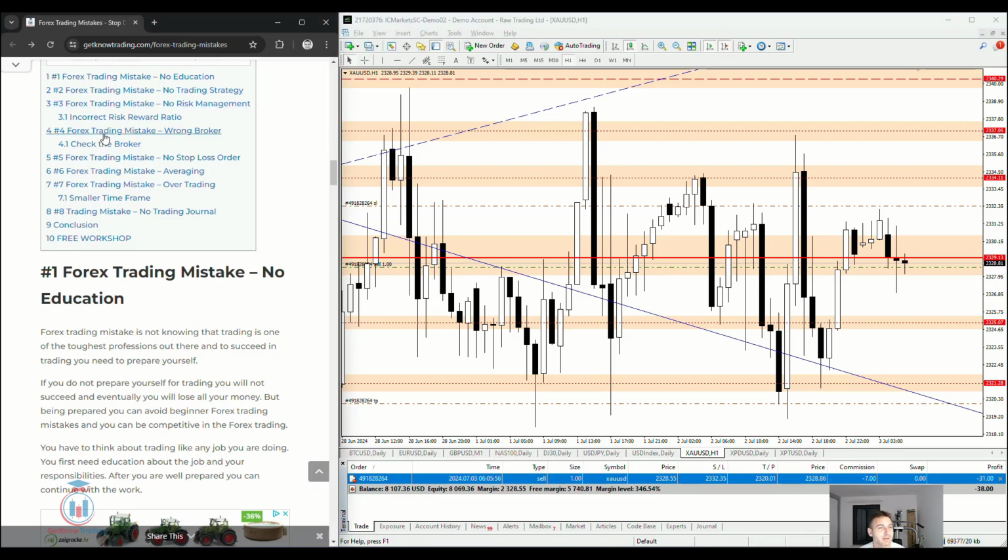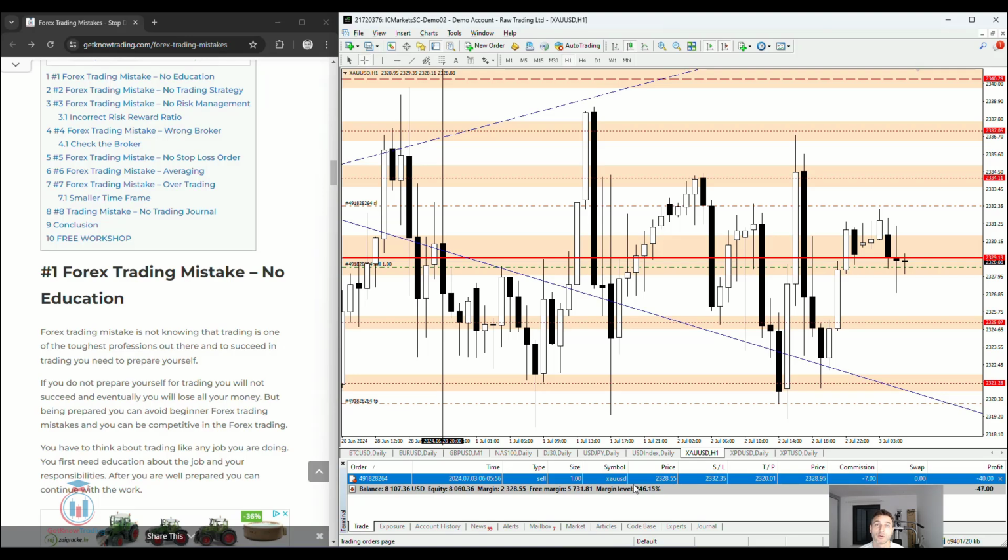Then you have here wrong broker, check the broker. What does that mean? Well, there are bad brokers who are scammers that can take your complete invested money on your trading account, so pay attention to that. Some of them will allow you to invest, to trade, but when you make the profits, they will not allow you to withdraw your money to your bank account.